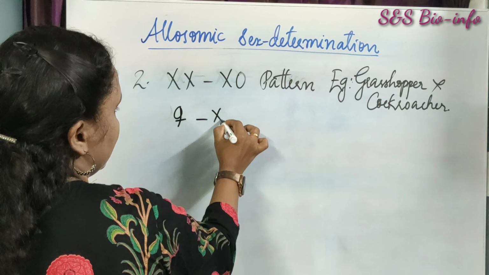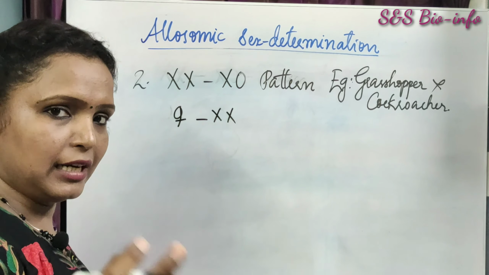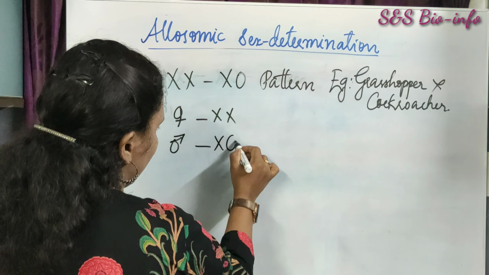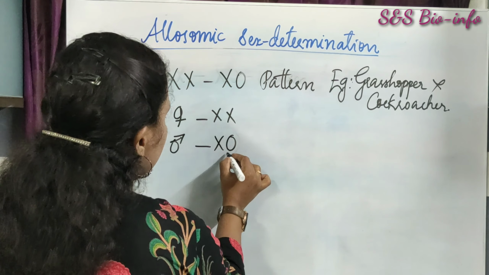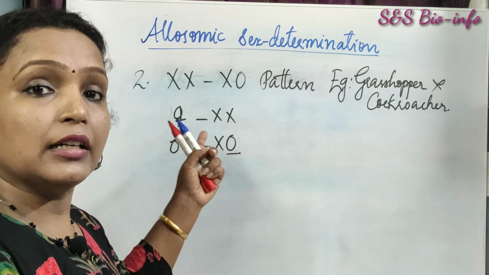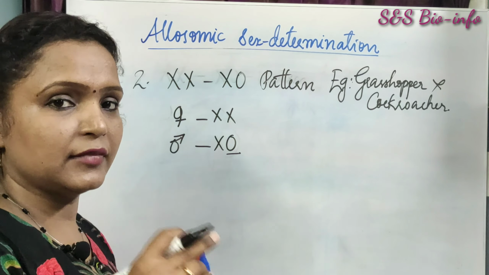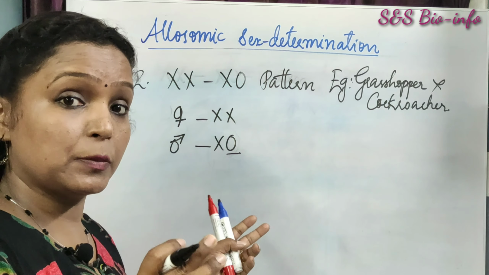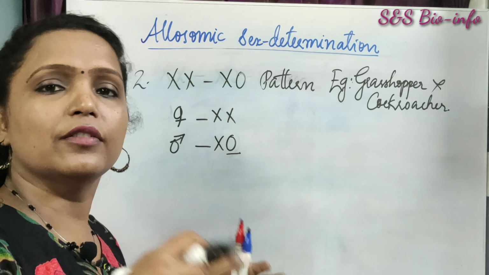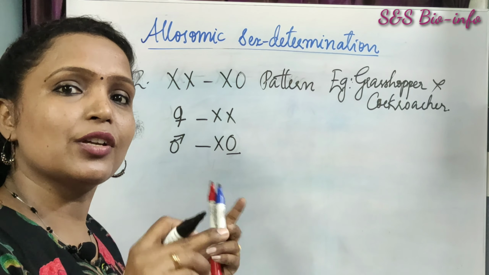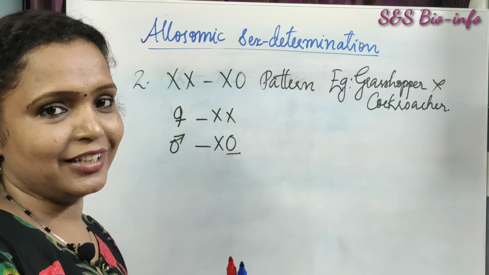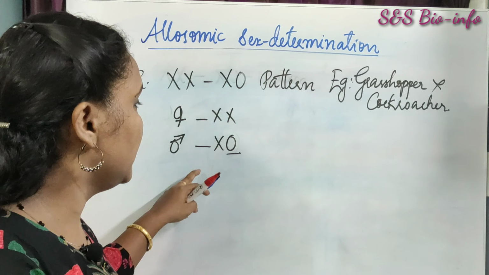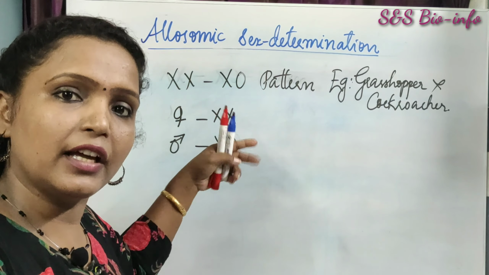Females have XX chromosome, while males have X0 chromosomes. Here, 0 means that absence of one X chromosome. That means it produces two types of sperms. 50% of the sperms carry the X chromosome, while other 50% do not carry the X body. That is why it is X0 type. Here also the male determines the sex of the young ones.